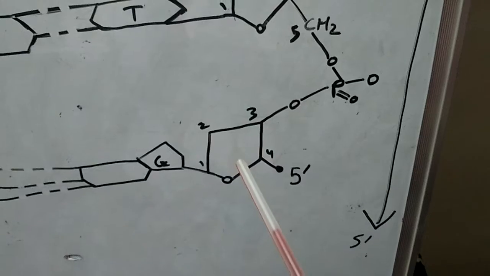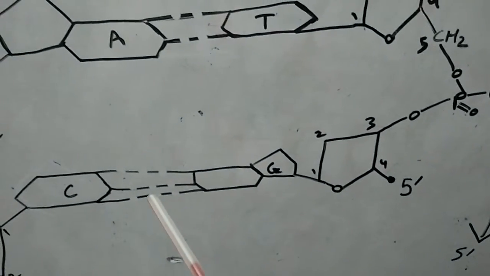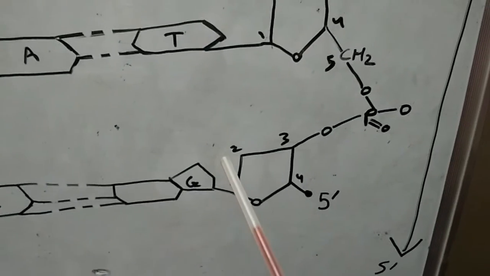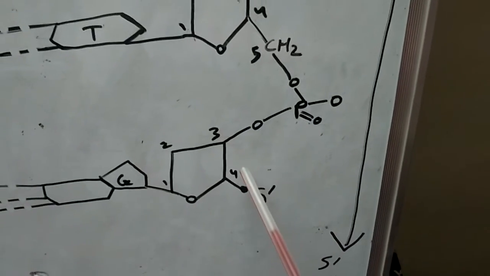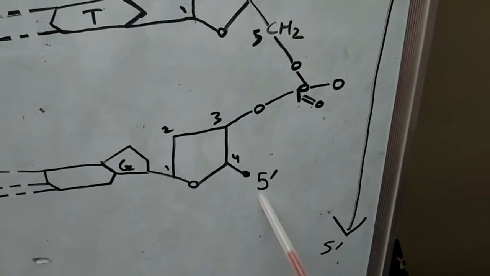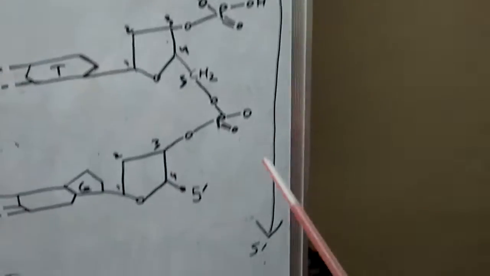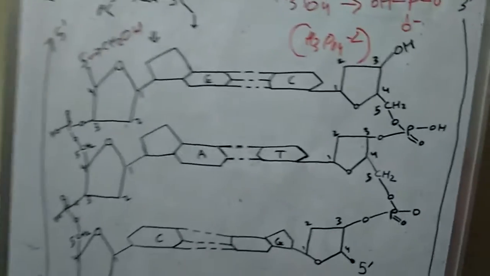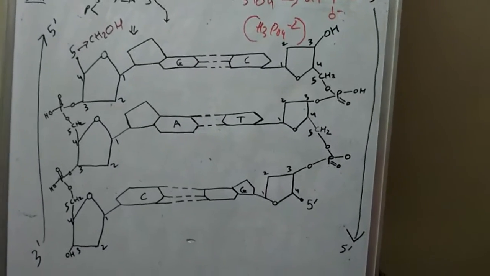And this is the last sugar having guanine with 3 hydrogen bonds with cytosine. This is carbon number 2, carbon number 3, phosphate group having phosphodiester linkage, carbon number 4 and carbon number 5. So the orientation which is coming here is 3' to 5', which is downward. So this is the actual chemical representation of DNA.